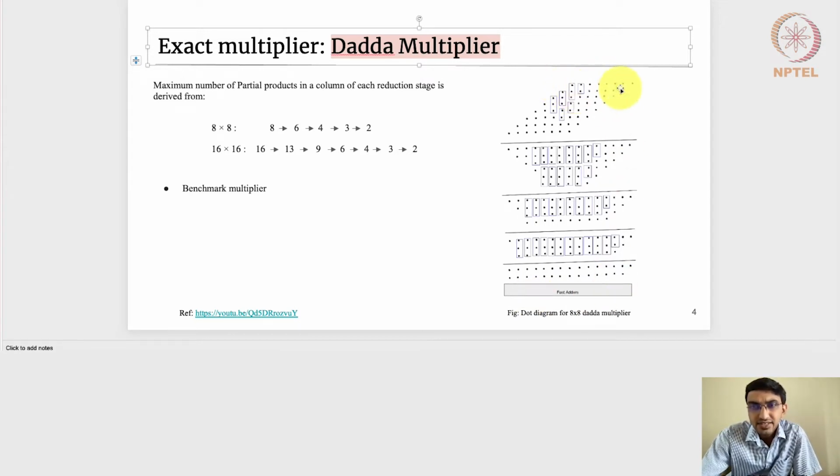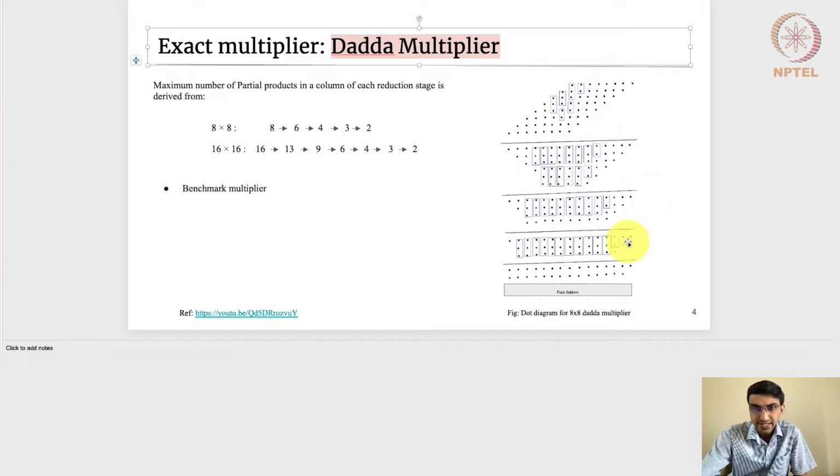These dots are the partial products that are generated, and the boxes enclosing 2 dots represent the half adder. The boxes enclosing 3 dots are the full adders. So the Dadda multiplier keeps applying half adders and full adders to bring it to a stage where the length is only 2 bits, and then finally applies fast adders to get the product bits.